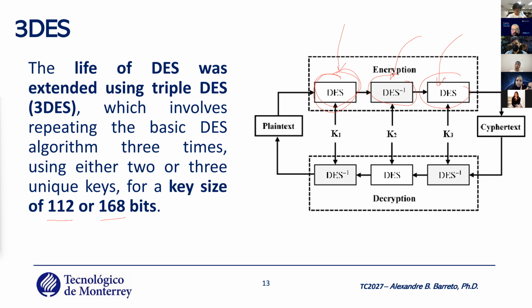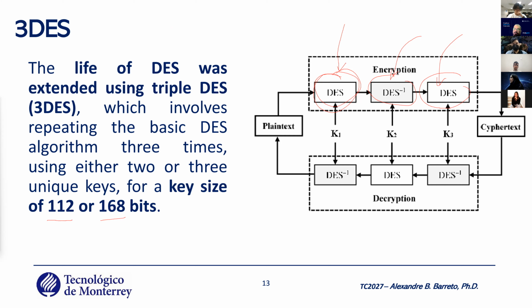We spend at least 3 times more time to cipher our algorithms and to decipher. Okay. You have more security, but you spend more processor, you spend more time to process the message. Okay.